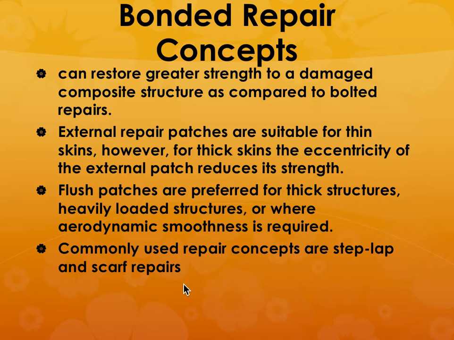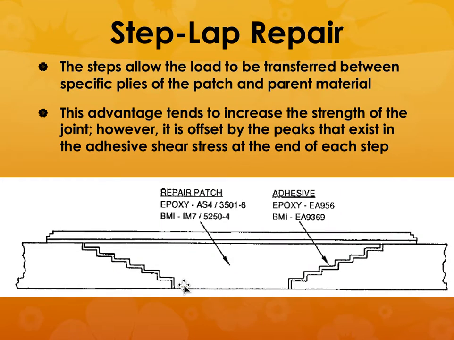So the most common repair concepts are what are called step lap or scarf repair. So step lap is you create some kind of a step in the bonded area. Suppose this is a damaged area.